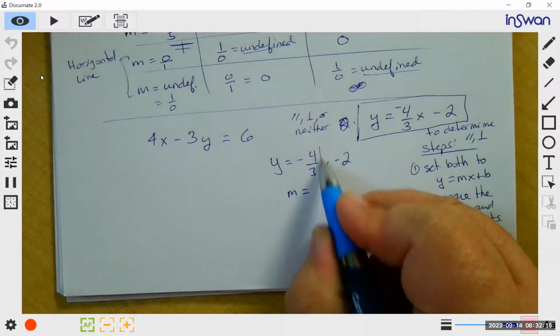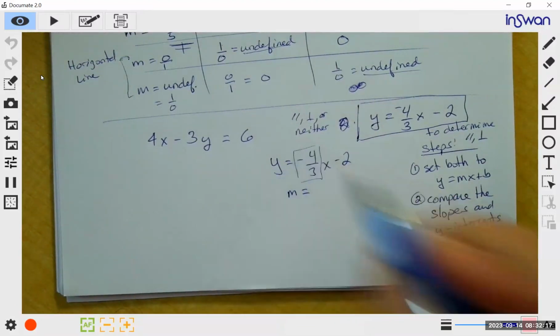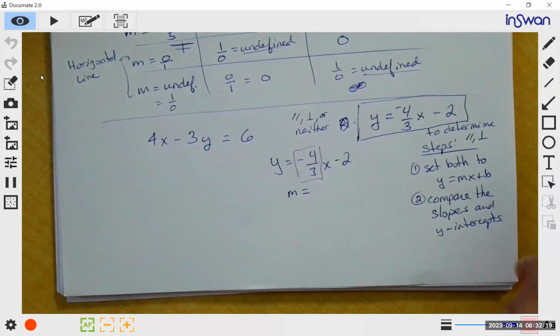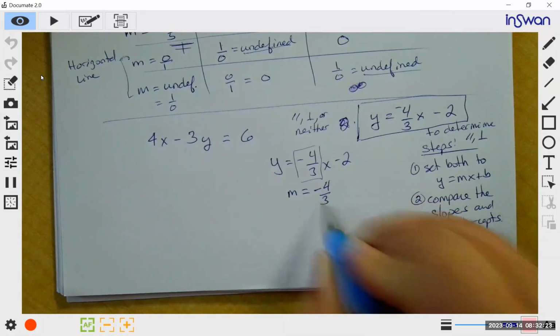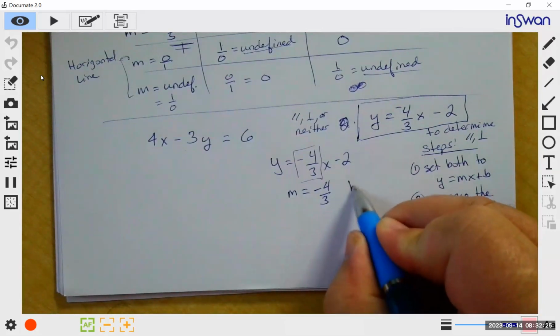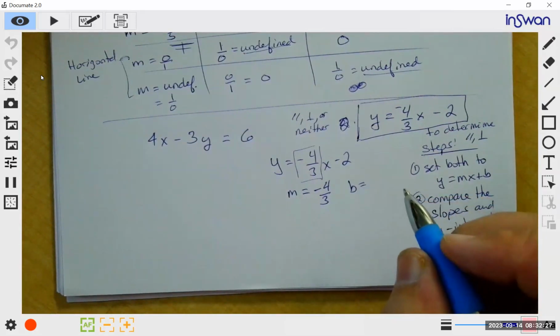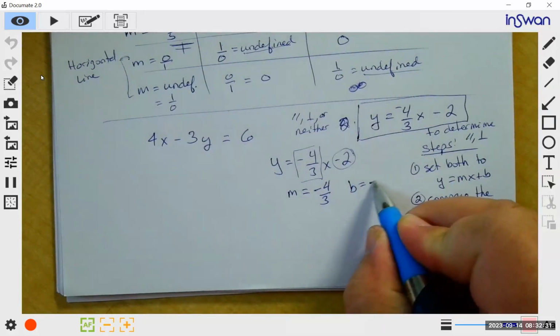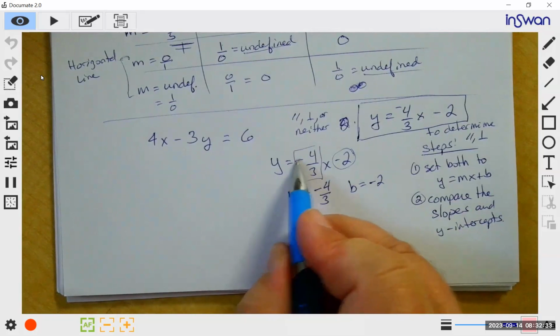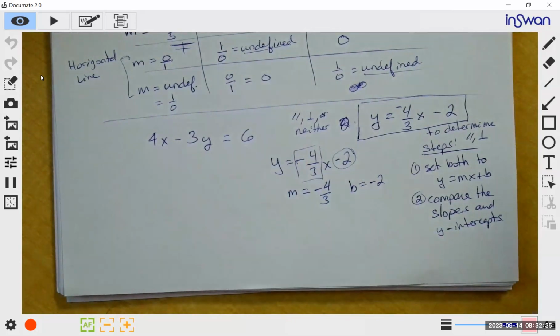The slope is whatever number is in front of the x, positive or negative. It doesn't matter which one. So it's -4/3. The y-intercept is whatever's by itself, -2. Remember, the signs belong to the numbers.